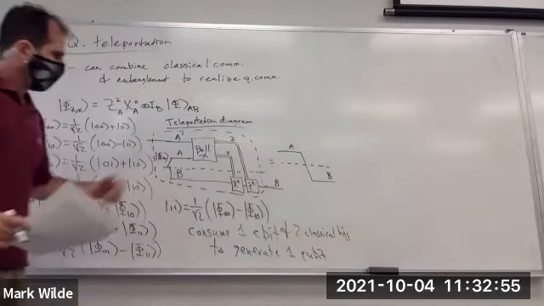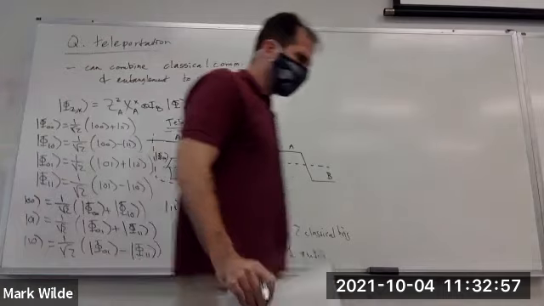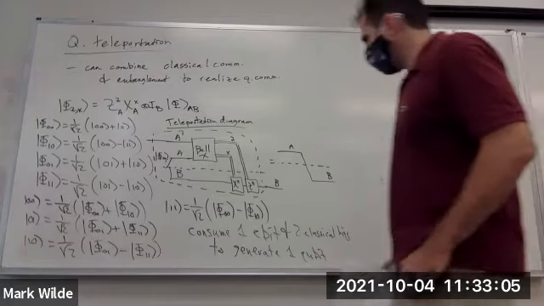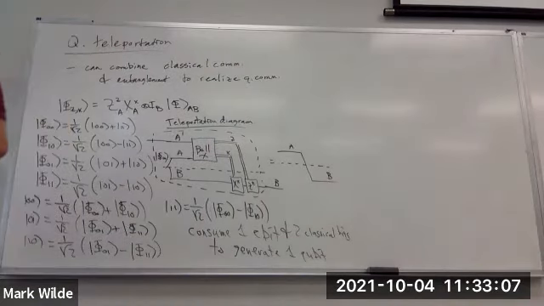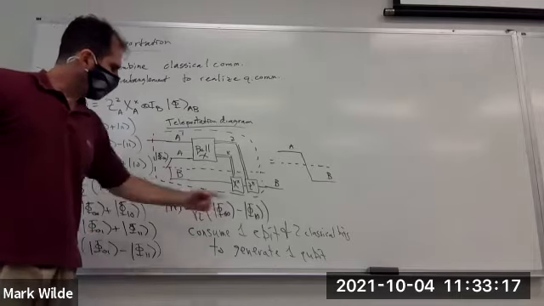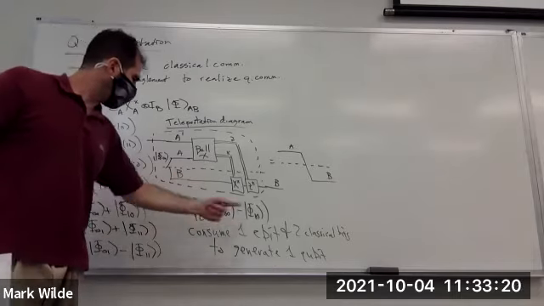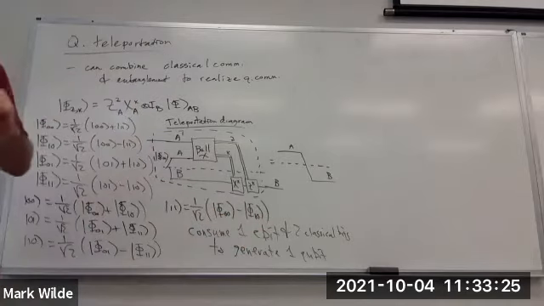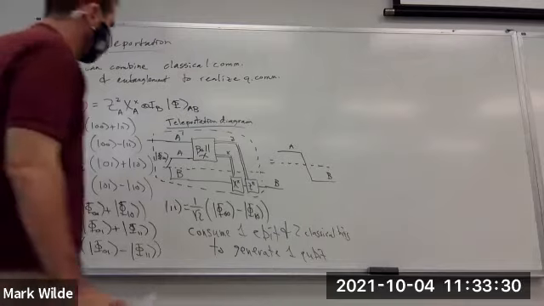Right? And in this resource sense, what you can show is that this is optimal. What do I mean by that? Try to do it with fewer than an EBIT or fewer than 2 classical bits. You can't do it. If you try to use just an EBIT and 2 classical bits, all you can send is 1 qubit and no more. Okay? So those are various things that we know.